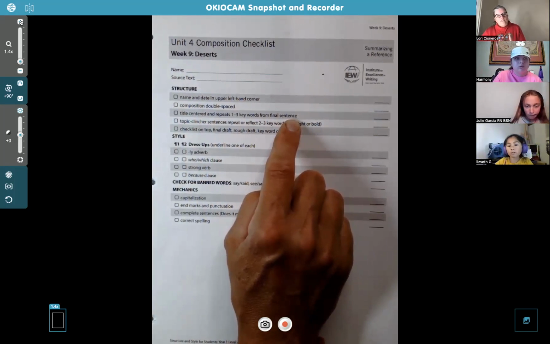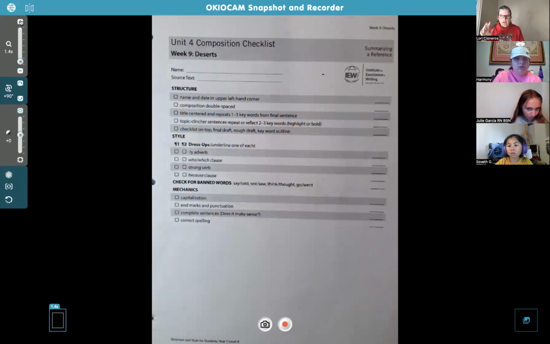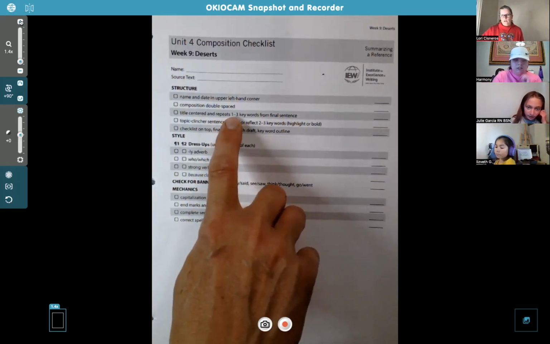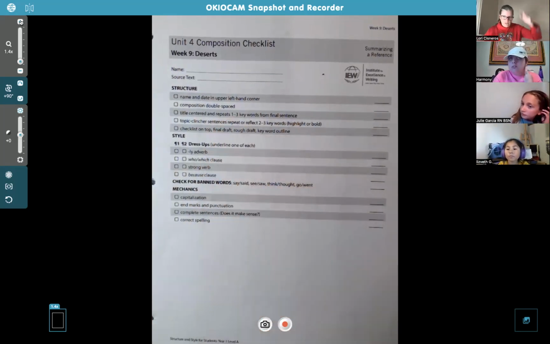The last sentence of your report has 2 jobs. It has the job of being the clincher for the paragraph. Remember how you repeat and reflect 2 or 3 key words. That it has that job, and then it also has the job of making sure it has at least 1 word from the title. Like the title has 1 word from the last sentence at least, or 2 or 3.